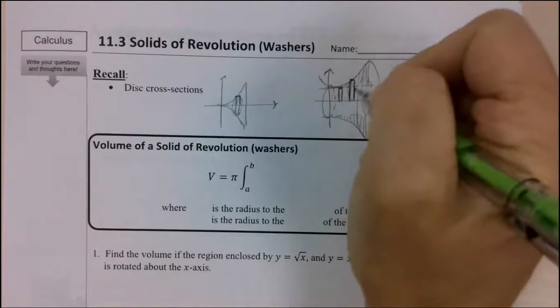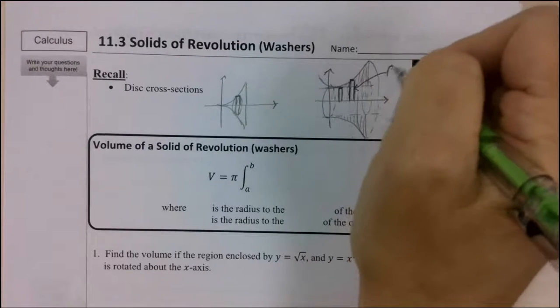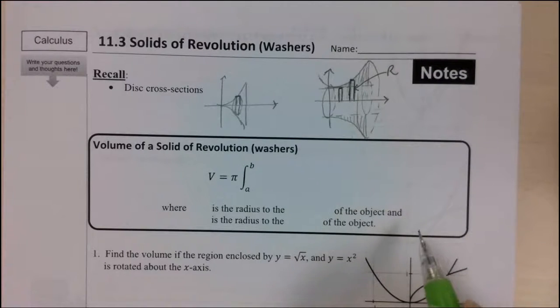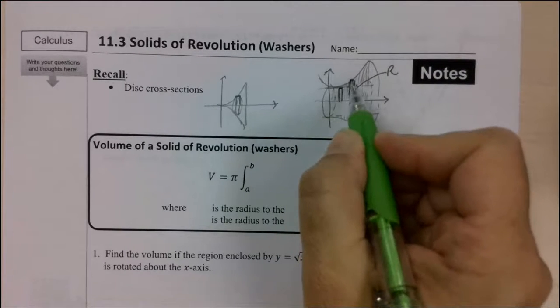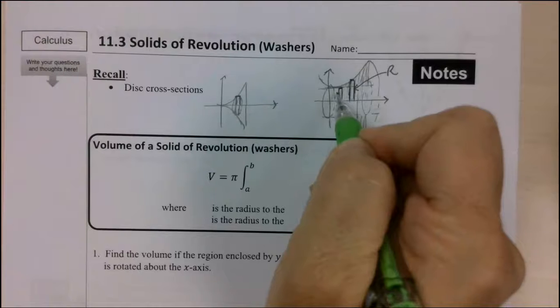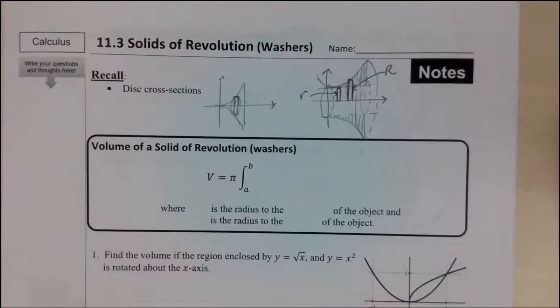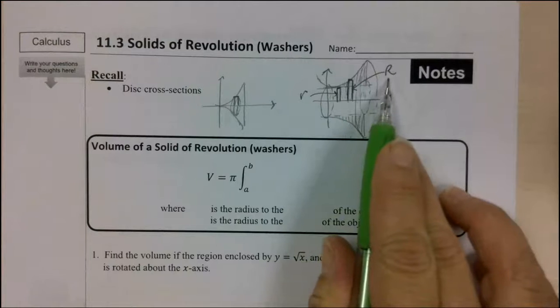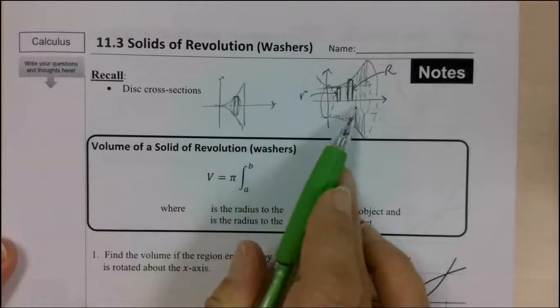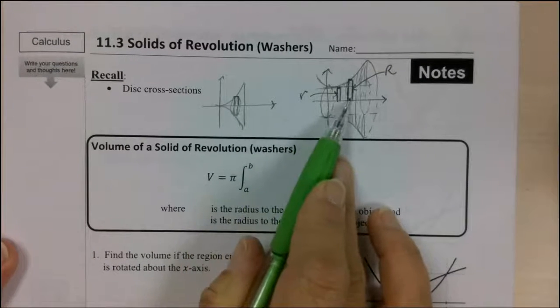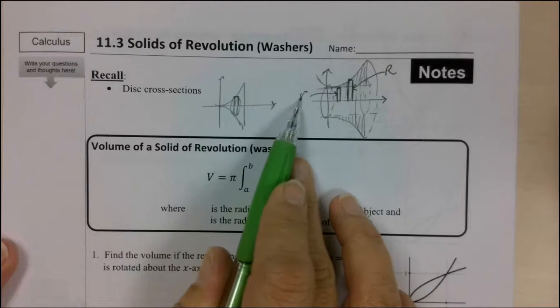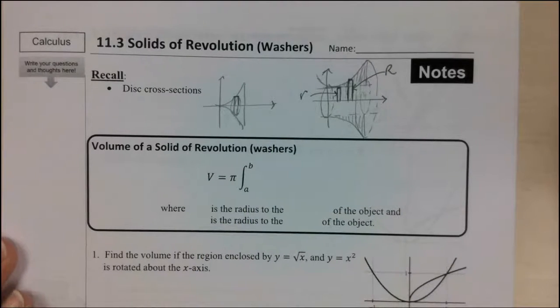This first rectangle that I drew, we're going to call the big radius, from the axis to the outer edge of the region. And the second rectangle that I drew is going to be a little r. This is why I was using a capital R in the previous notes, because we're going to use a capital R for the whole region as a solid. We're going to use a little r to represent the radius of the region that we're subtracting away.